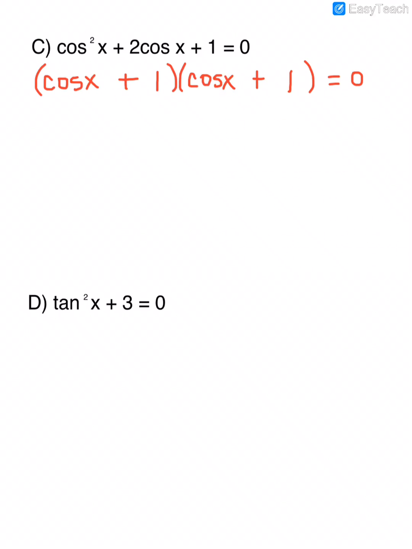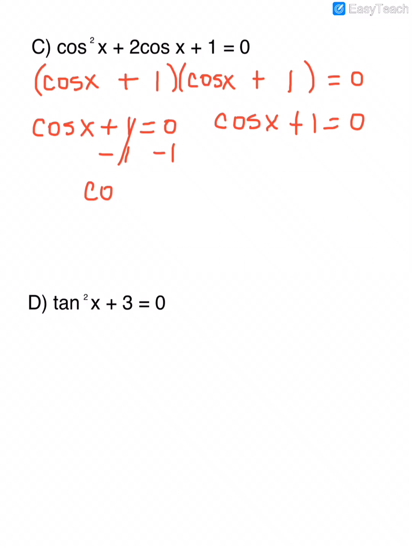Okay, so once it's factored, we want to set each factor equal to 0 and solve. All right, so I have cosine of x plus 1 equals 0. And we have the same factor over here. So if I solve this, I'm going to subtract 1 from both sides, and I get cosine of x equals -1.